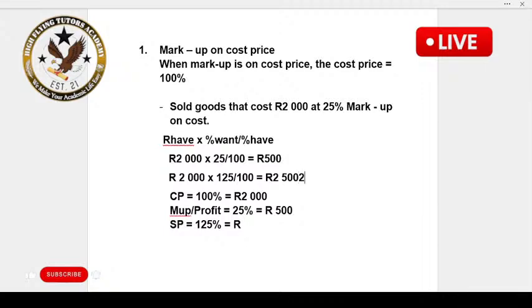So before we move, I want us to learn how to calculate the percentage when the markup is on cost like this.